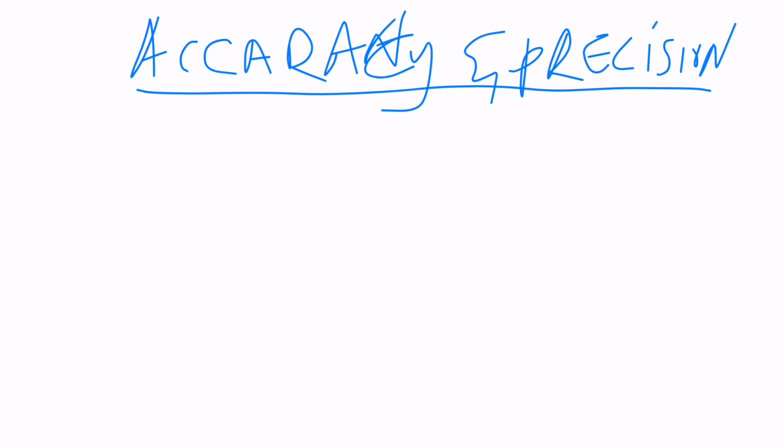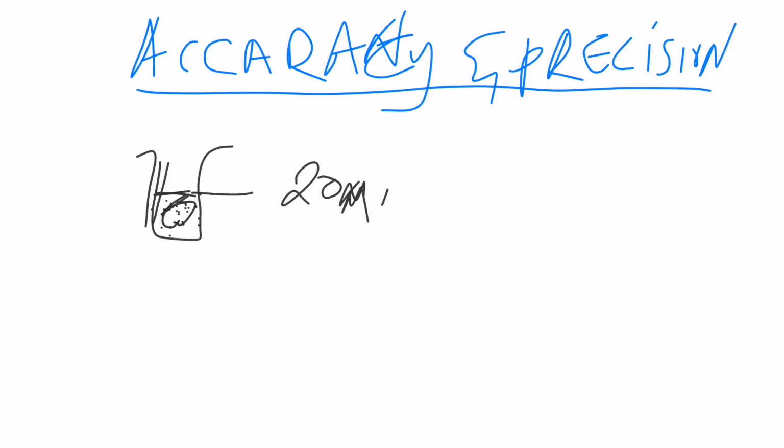Let's give an example. You are measuring something, or they have given you something in a beaker. They have asked you to measure it, and they expect that the measurement you get should be 20 moles, just as an example.